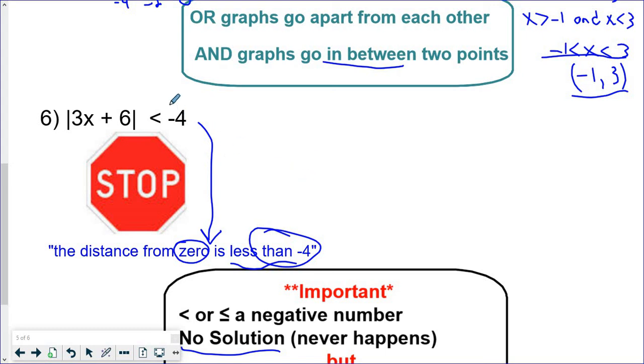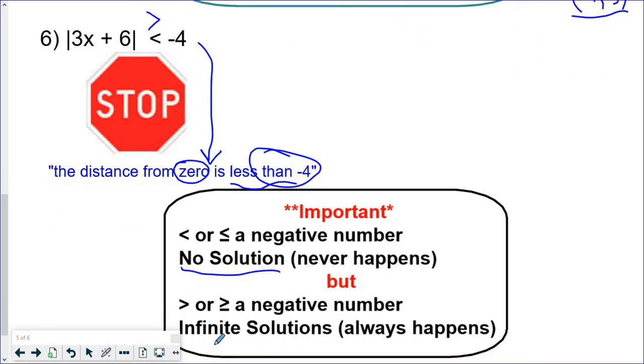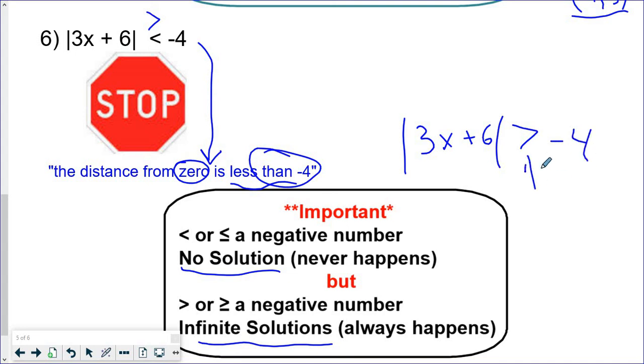But the question now is, well, what would happen if this would have been a greater than symbol? The logic there would say the distance from 0 is greater than a negative. And if that happens, we have what's known as infinite solutions. Because again, if I had the absolute value of 3x plus 6 is instead greater than any negative, I'll put -4 because that's what the example is saying, this is always true.